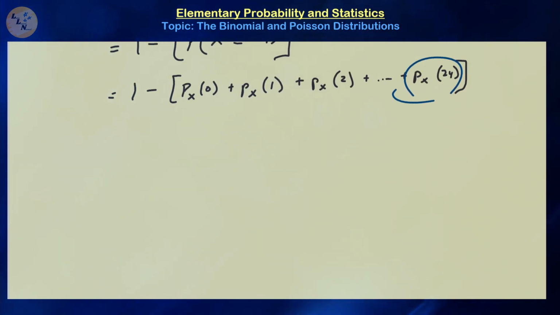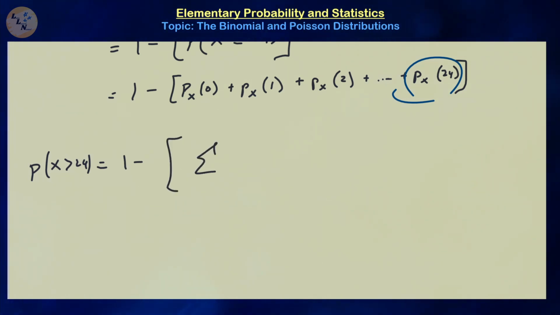So if we want to write this in summation notation, how would we do that? So we'll find the probability that x is greater than 24. So this is going to be equal to 1 minus the sum from x equals 0 to 24 of p_X of little x, right?